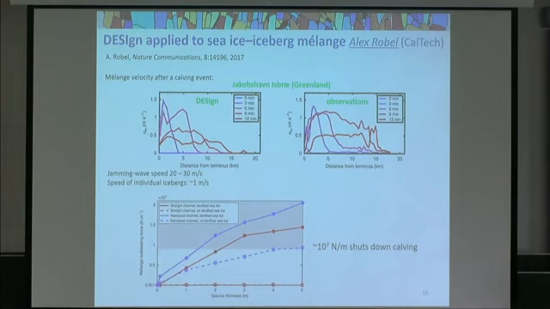So this is an example of how the granular nature of what is going on in sea ice and iceberg melange in a fjord influences what is happening. Again, once more, we have this sensitiveness to previous events because they modify the properties of the melange.